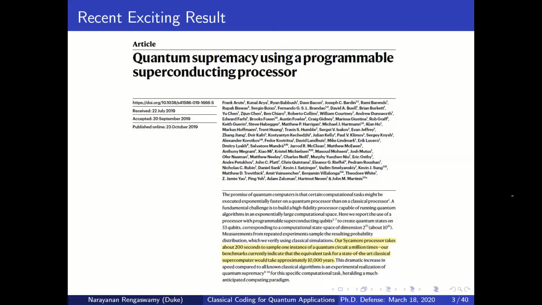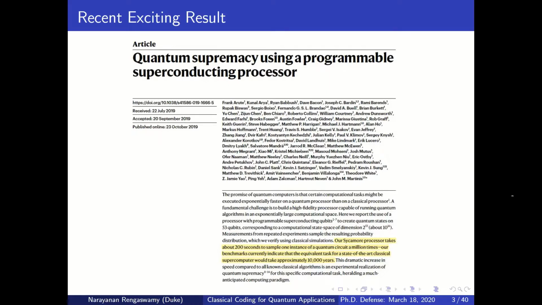So there is some numbers game being played, but otherwise it's still a great technological feat where people have actually put together this kind of system and showed a computational advantage.